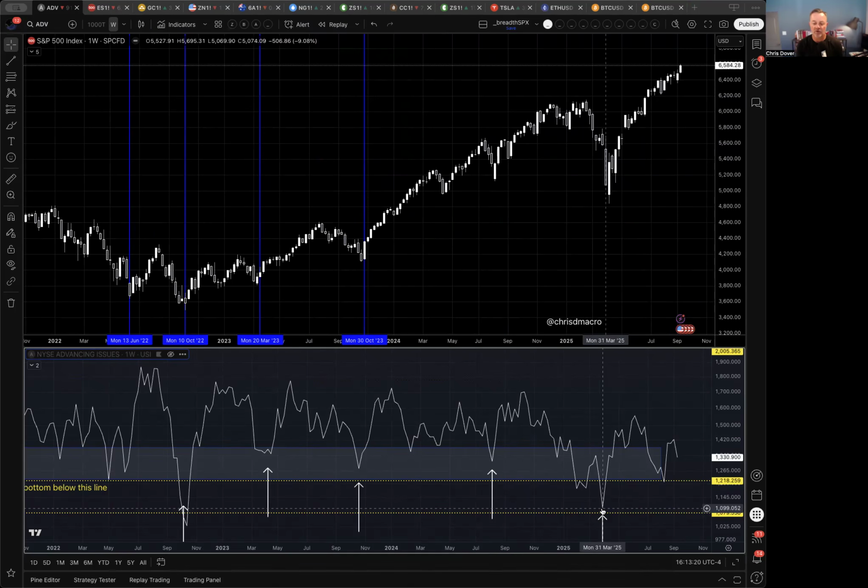You can see the last time we did that was the March, April timeframe of 2025, when the tariffs were hot and heavy, and we were definitely getting signals that that was the bottom. We wanted to buy, and of course we did. And we've rallied ever since.